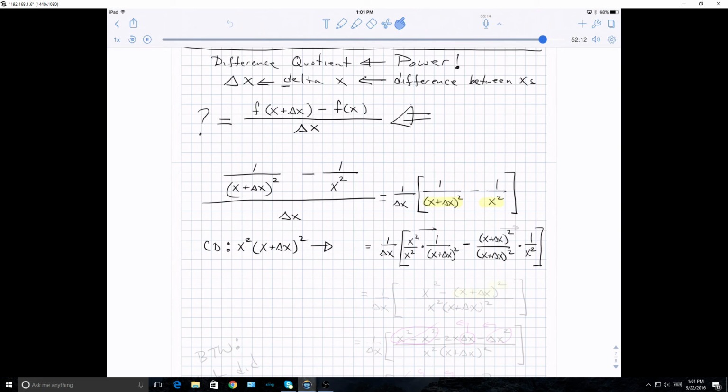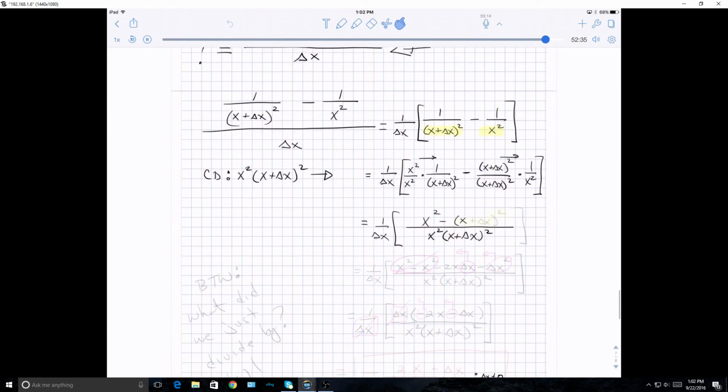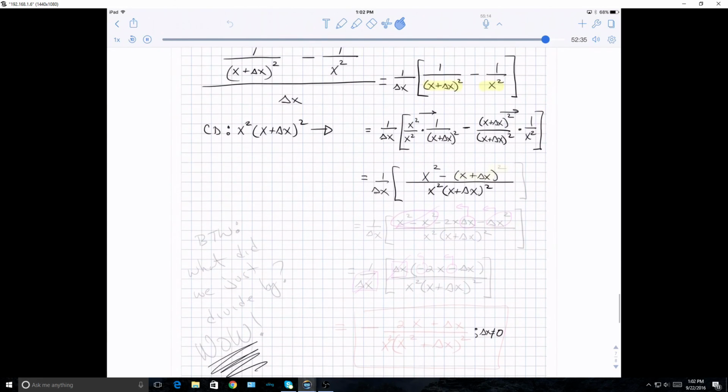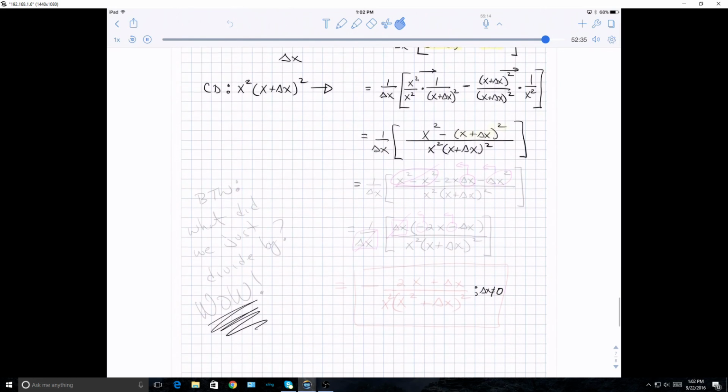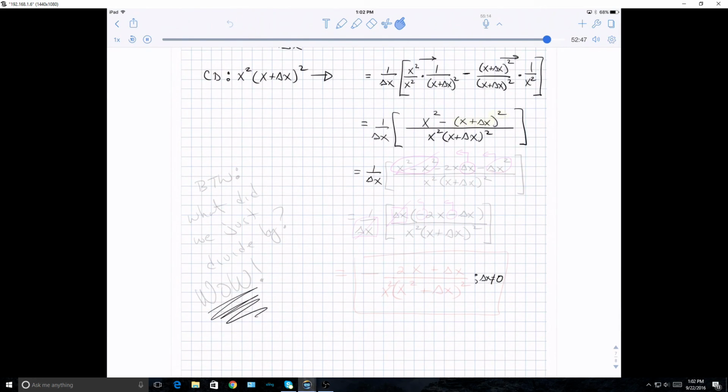So now if we just multiply straight across and then combine, we end up with 1 over delta x all times something in the numerator, but the denominator we made sure was the same. So what we have in the numerator now is x squared minus the quantity x plus delta x squared. And because that's a perfect square, it's easy to deal with.